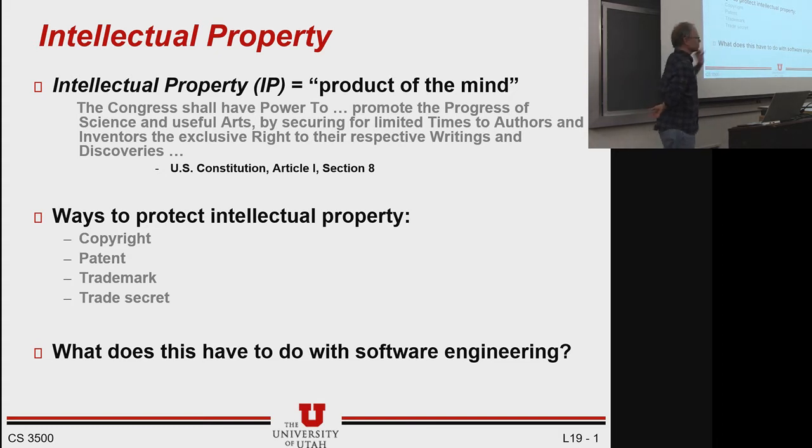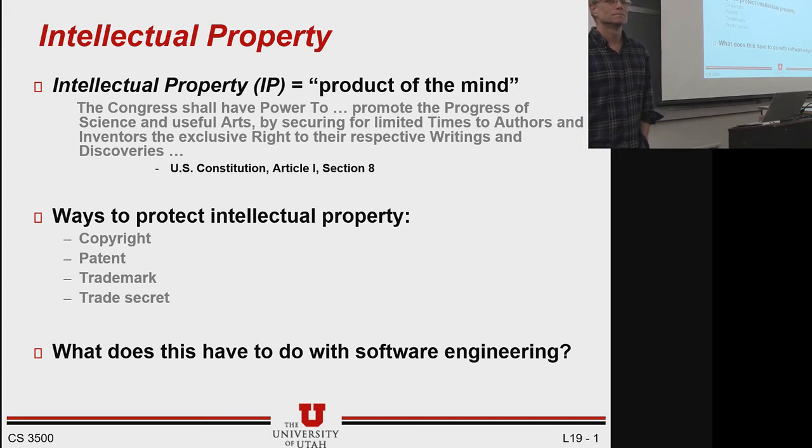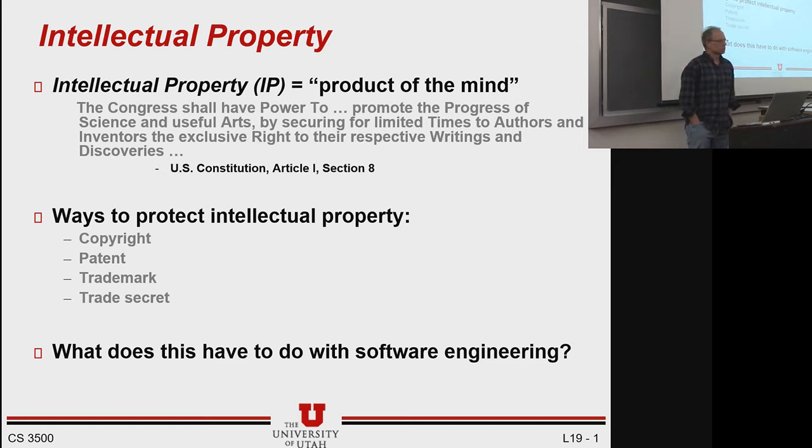What does any of this have to do with software engineering, since that's what we're talking about? All you really create in software engineering is directly intellectual property. Anything you produce, anything you write, any program you create, when it moves from your head to the computer, is copyrighted.